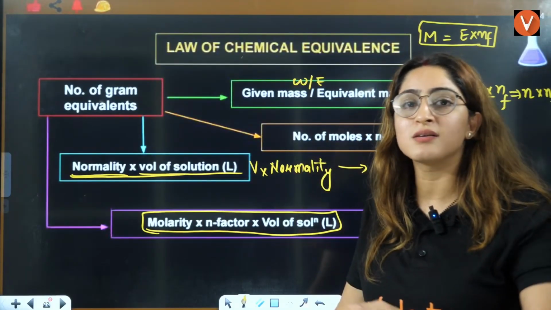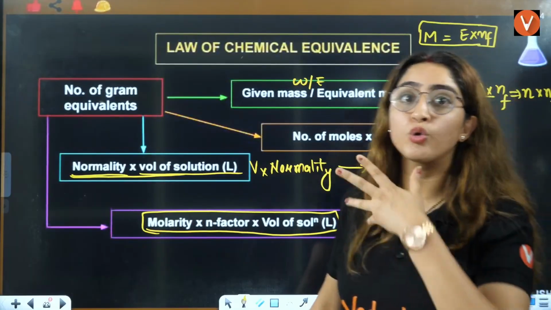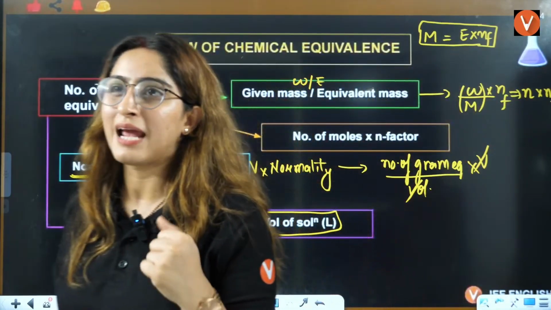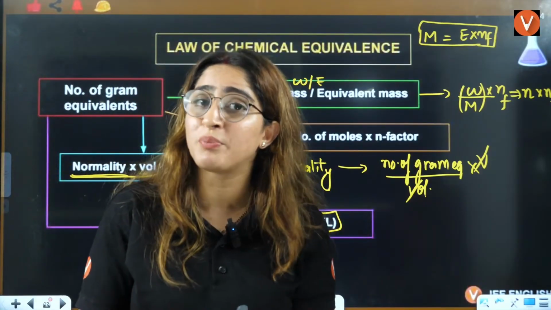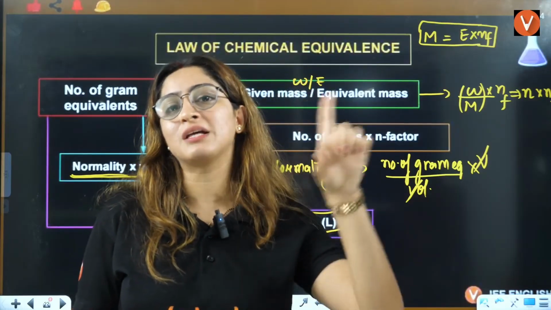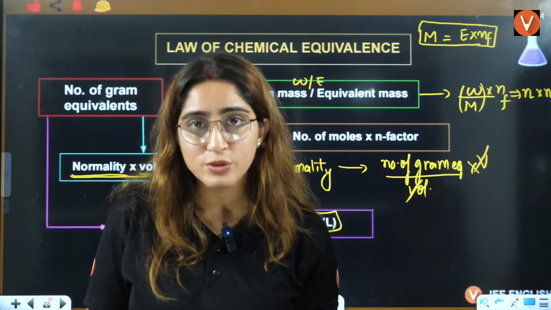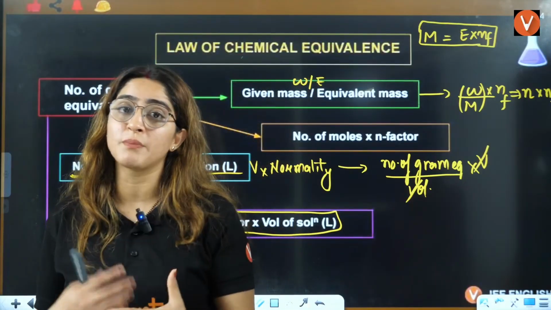All the formulas are equally important for you. You will use this throughout your physical chemistry. Not in thermodynamics, but mostly in equilibrium, sometimes in electrochemistry, the last part of electrochemistry. Then ionic equilibrium, chemical equilibrium, sometimes they ask you this.